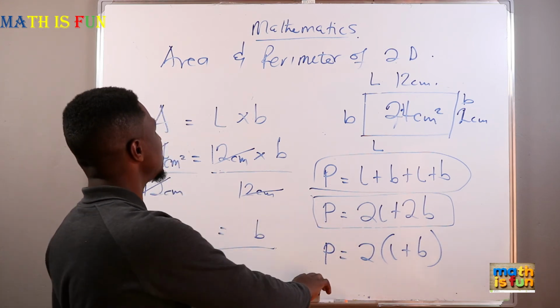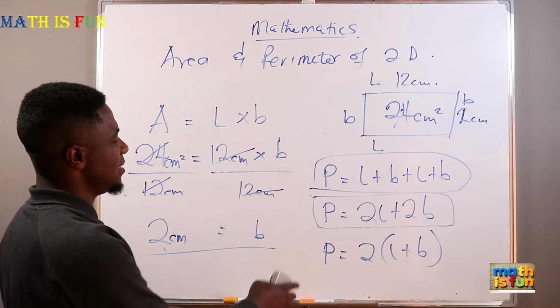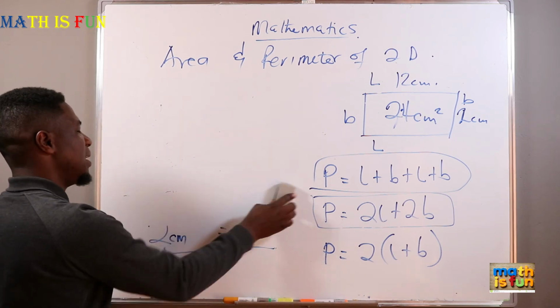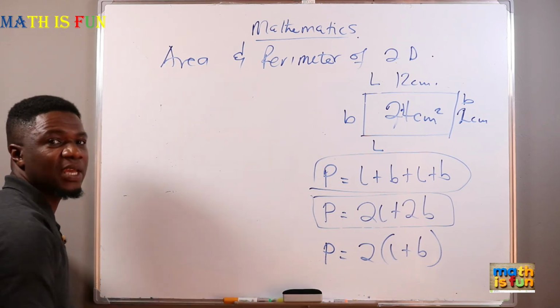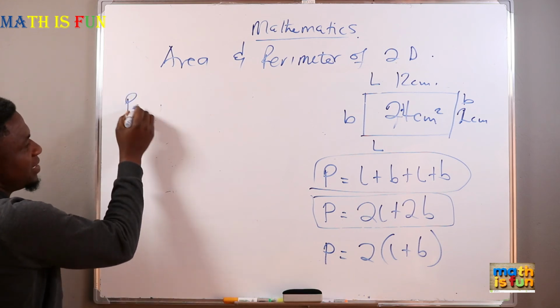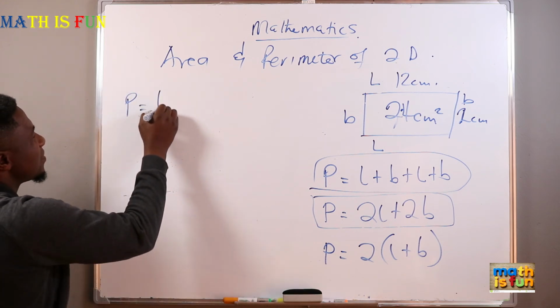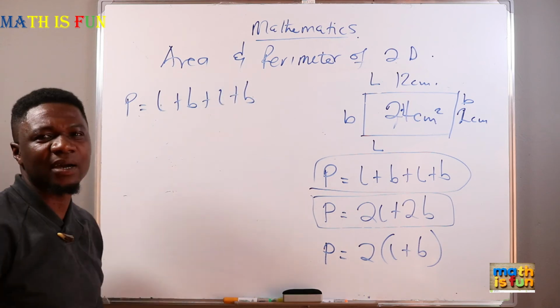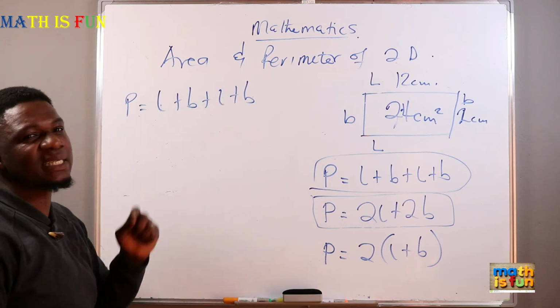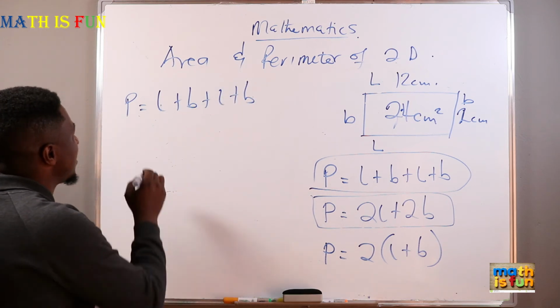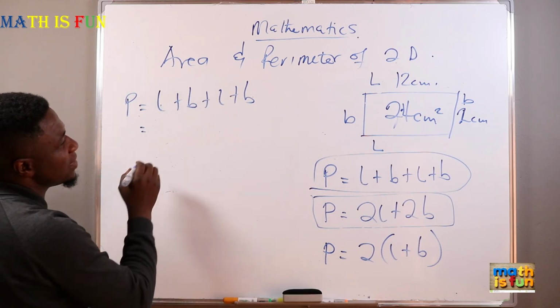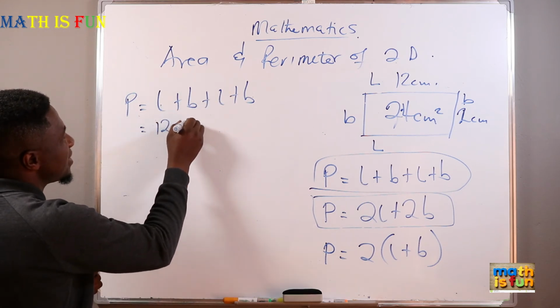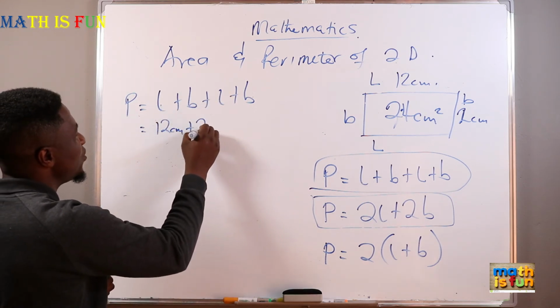Okay, so let's look at using one of them and see if it will help. So I've got p. I'm a mathematician, I don't want to bluff that I know a lot, so I go by using this formula. L here is 12 centimeters plus b is 2 centimeters.